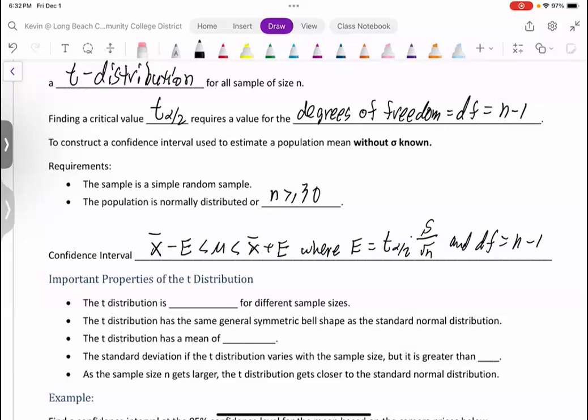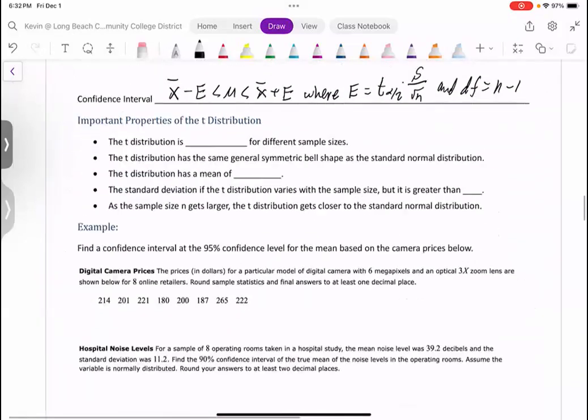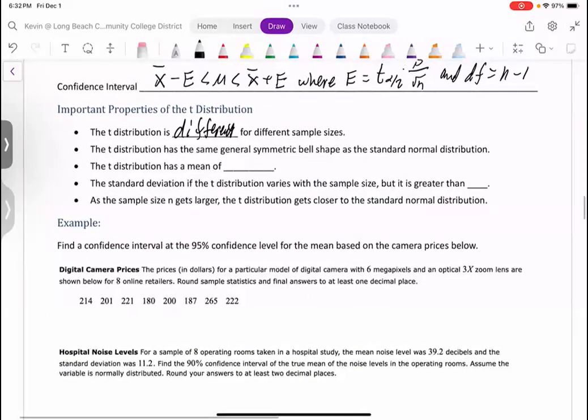All right, let's talk about some properties of a t-distribution. A t-distribution is different for each sample size, meaning as n changes, the distribution changes. A t-distribution has the same general symmetric bell shape as a standard normal distribution.